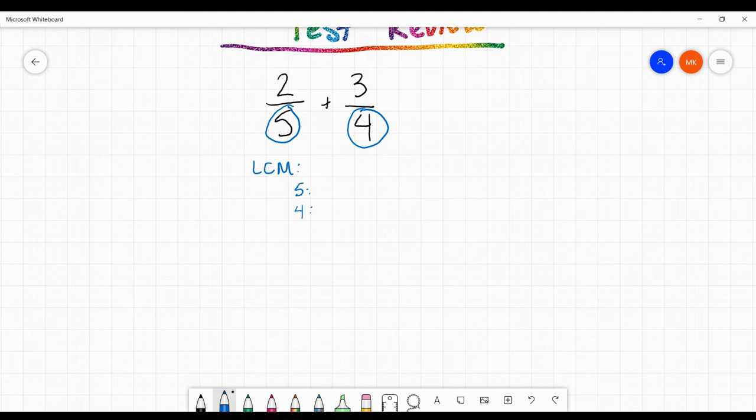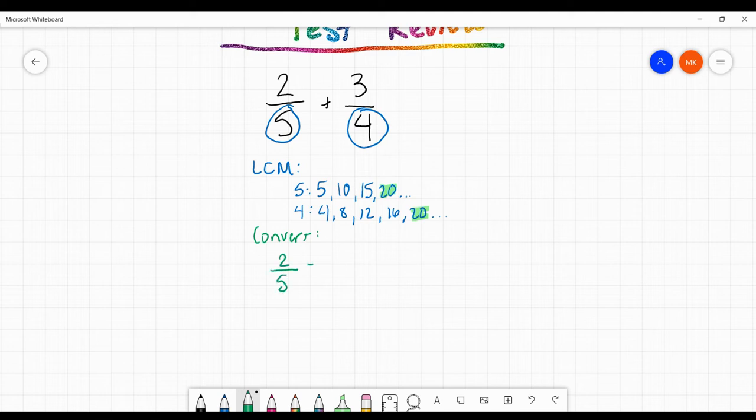Multiple is another way of saying count by, so I can count by 5s: 5, 10, 15, 20, and so on. 4, 8, 12, 16, and 20, and so on. And I recognize that they both have 20 in common.